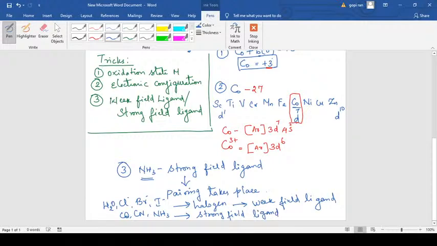Okay, if you see the spectrochemical series, you can get a very clear approach about ligands, which one will be the strong field ligand and which one will be the weak field ligand. It's an easy way to remember. That's why I mentioned these things.